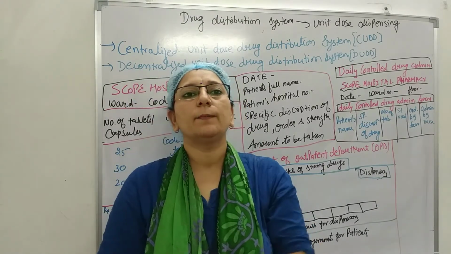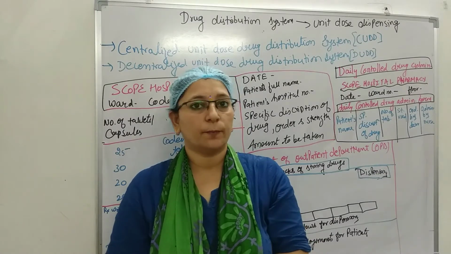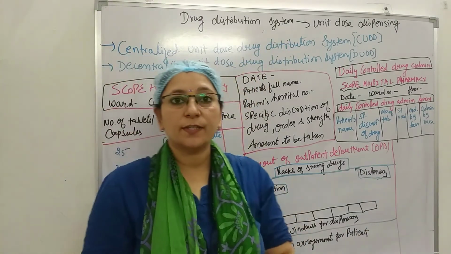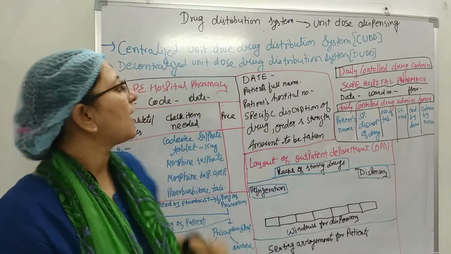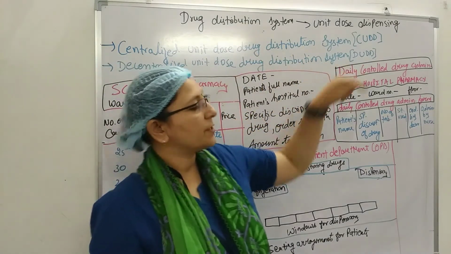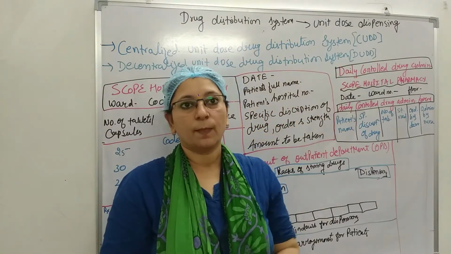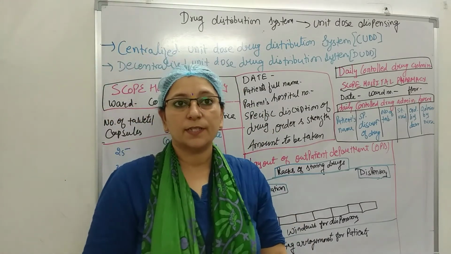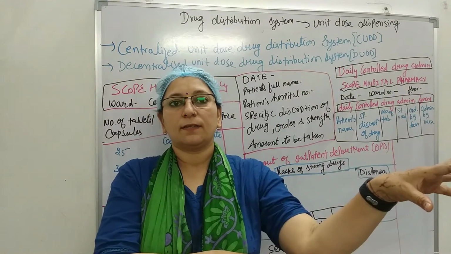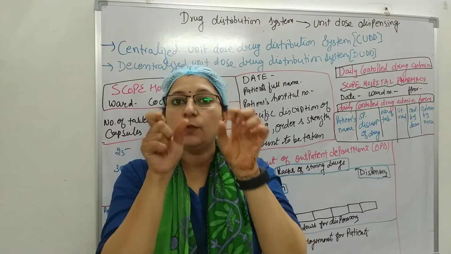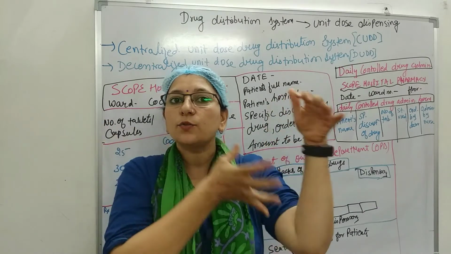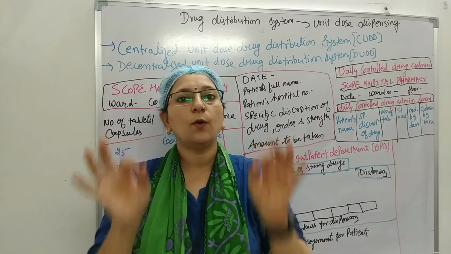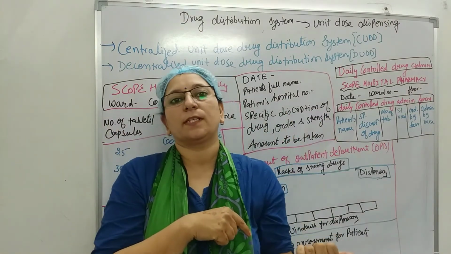Now there are mainly two methods for dispensing of unit dosage form. These are the centralized unit dose drug distribution system (CUDD) and the decentralized unit dose drug distribution system (DUDD). In the centralized system, all inpatient drugs are dispensed in unit doses, and all the drugs are stored in the central area of the pharmacy and dispensed at the time the dose is due to be given to the patient.